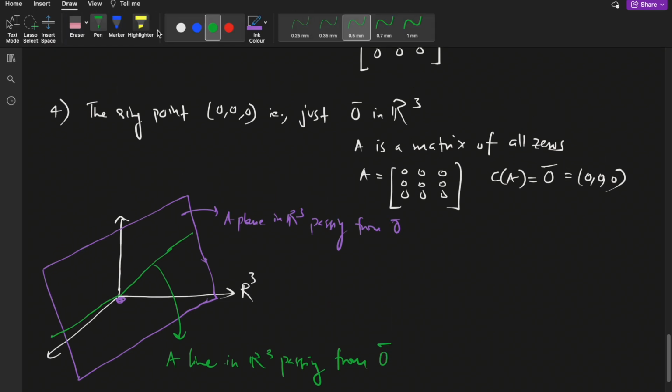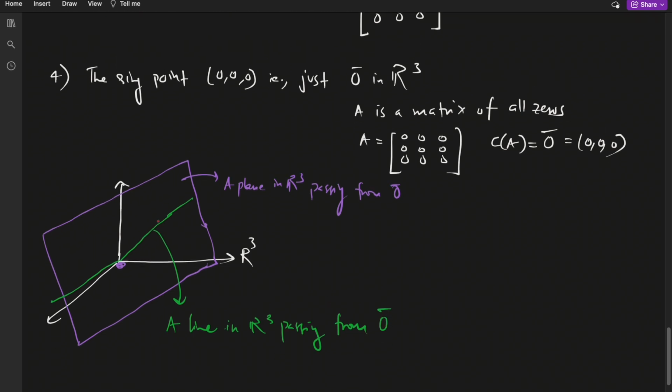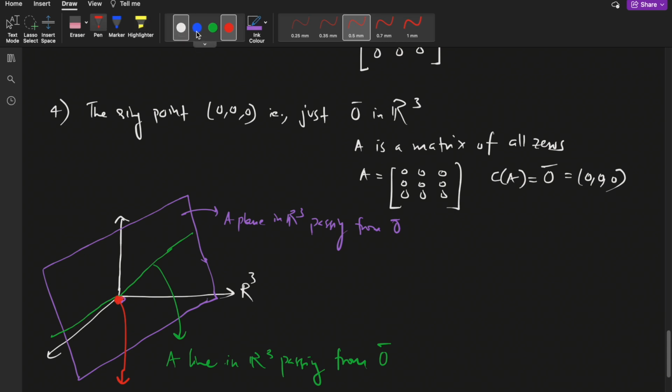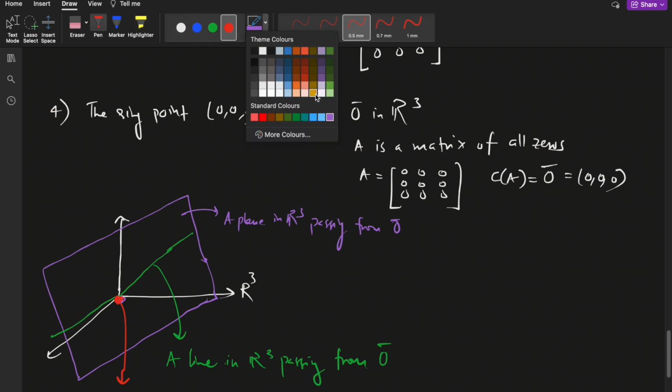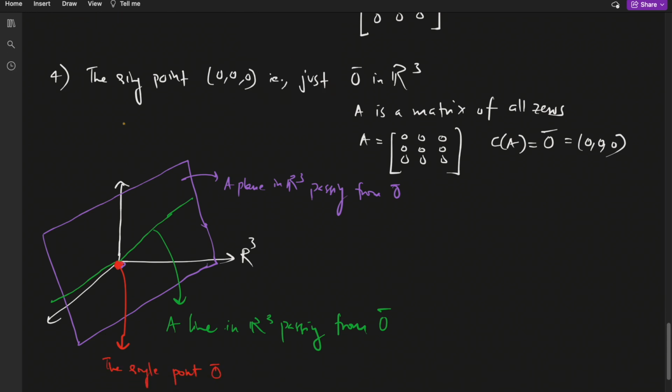The fourth case is nothing but this zero vector itself, that is the single point, the zero vector. And the first case we already discussed. The first case is this entire R cube.